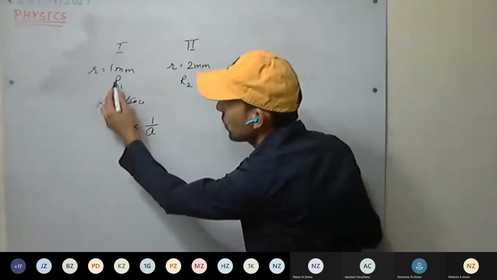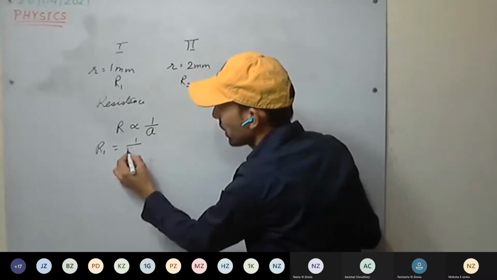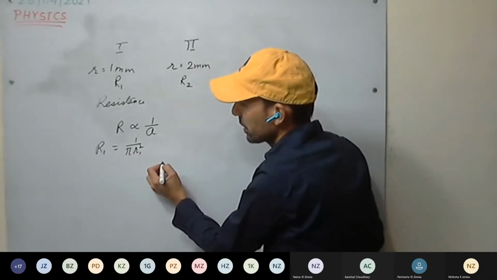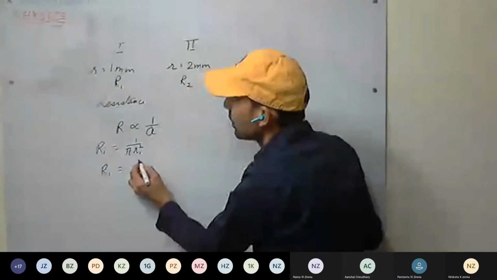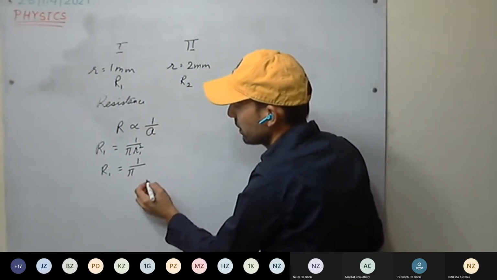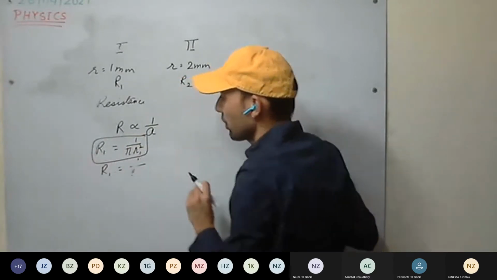This is clear. So resistance R1 will be how much? 1 upon pi R1 square. Okay, leave it as such. This we have got.